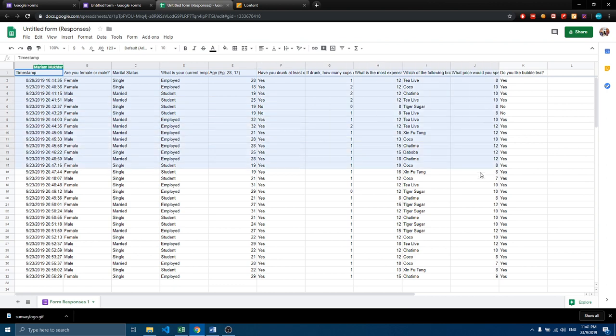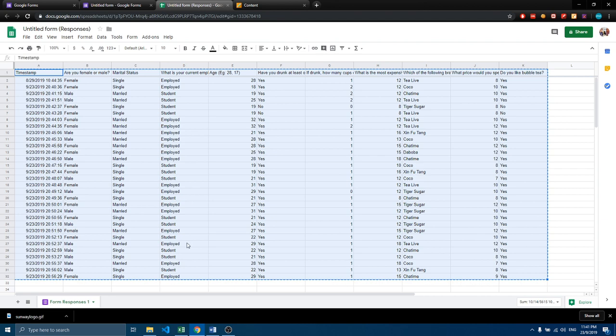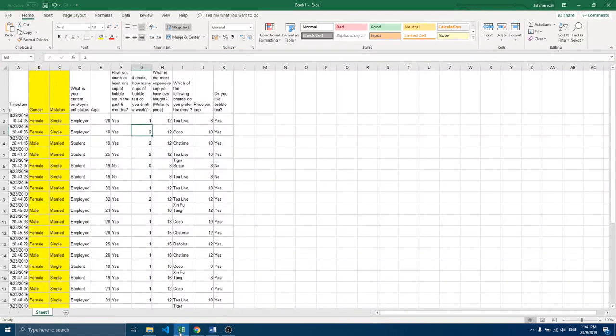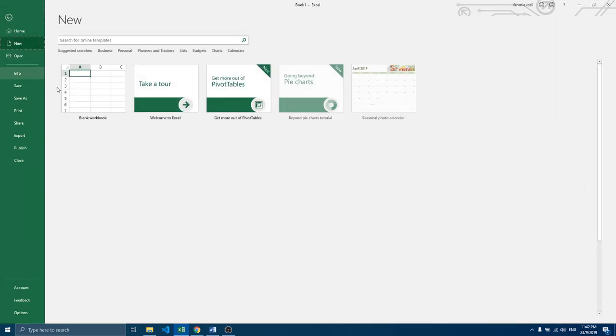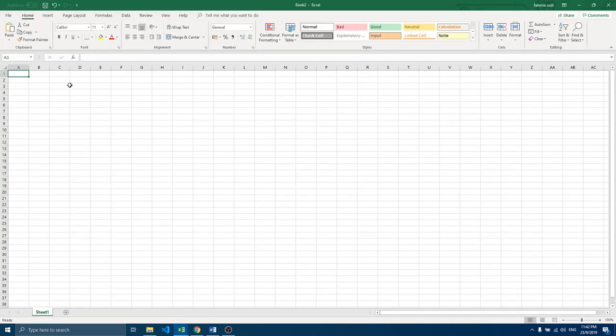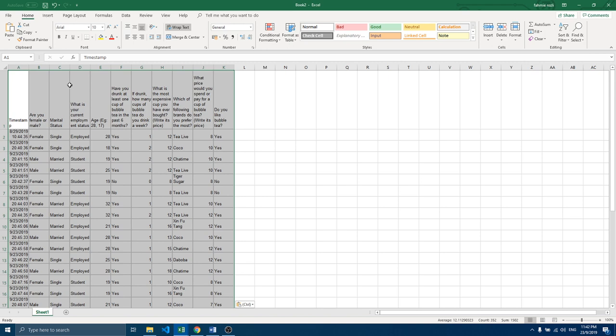Copy all data, or you can use shortcut key Control A, or just select all, and then using shortcut key Control C for copy, and open your new Excel. Okay, let's see. Click new. Okay. New Excel and Control V.